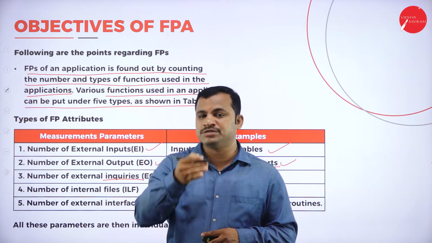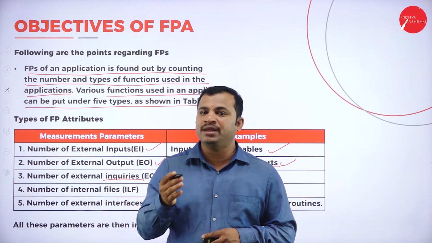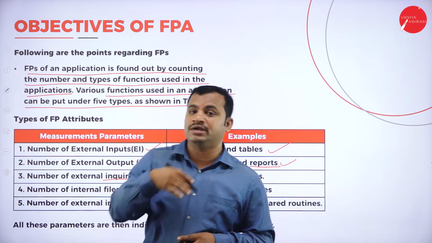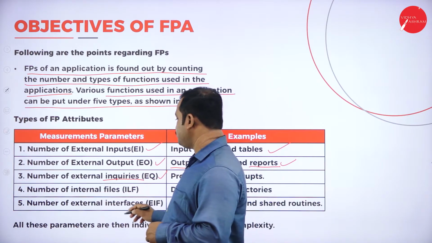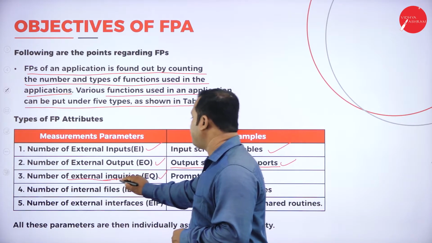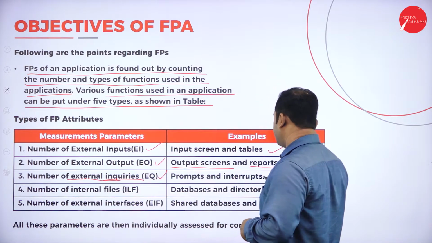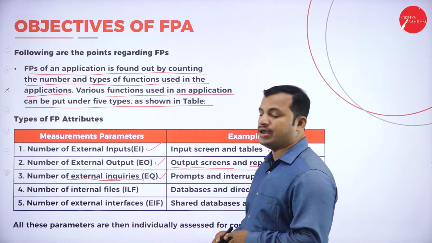Once it is successfully entered, it has to be displayed to the user, as mentioned in the output inquiry. Now, external inquiries are going to be performed here. For example, prompts and interrupts are examples of external inquiries.